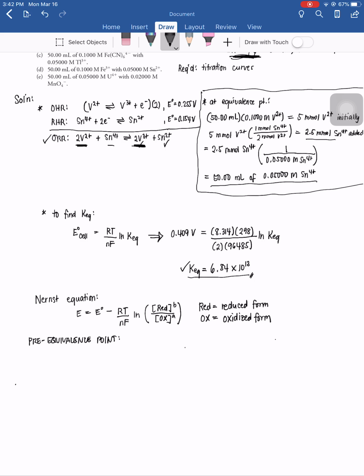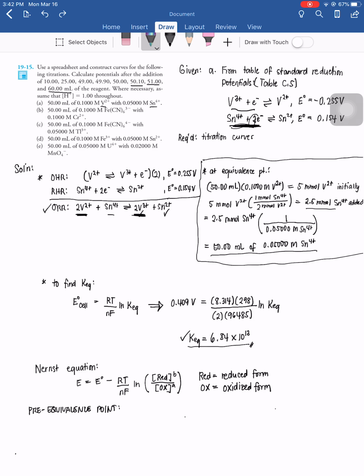If you notice carefully in our videos, there were some inconsistencies in what I plugged in sa loob ng ating ln. So it should be na it's rad over ox. So the rad stands for the reduced form raised to the exponent b.